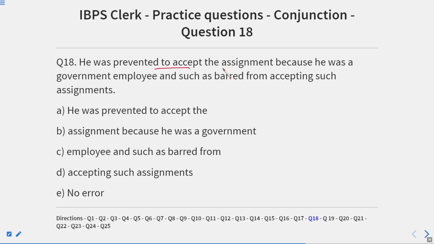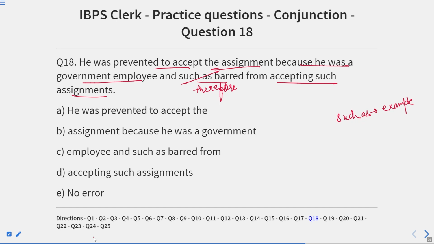He was prevented to accept the assignment because he was a government employee and such as barred from accepting such assignments. Now, this phrase such as is incorrect over here. It should be replaced with therefore, because such as shows us examples, and therefore shows us the reason, or you can say the outcome of the reason.